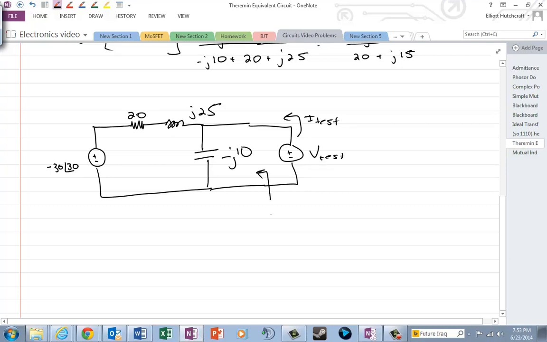And that is essentially the same as finding the input resistance, or the input impedance, I guess we might say, looking back into the network that way.